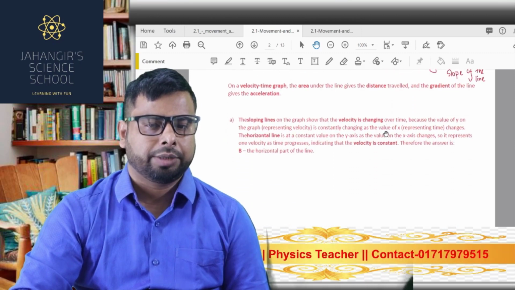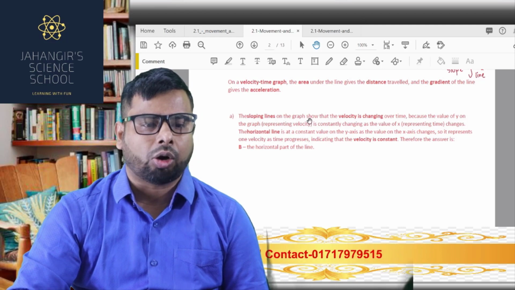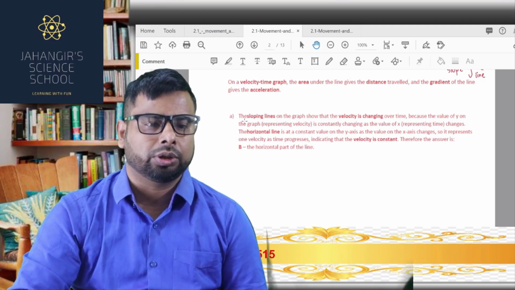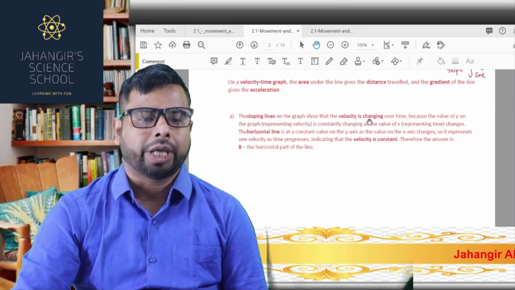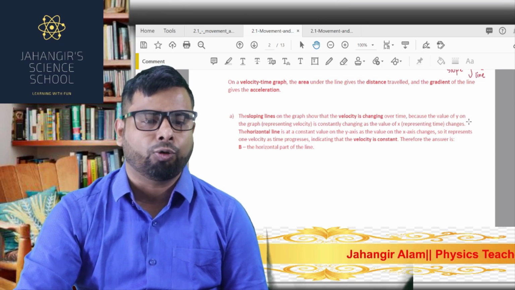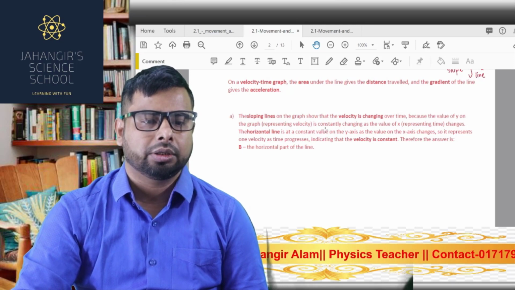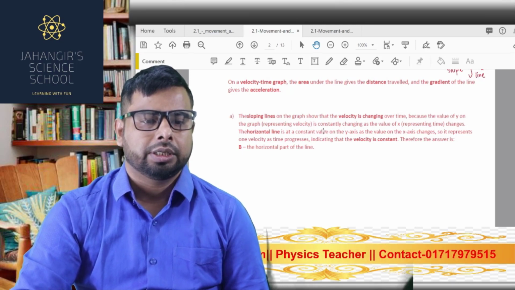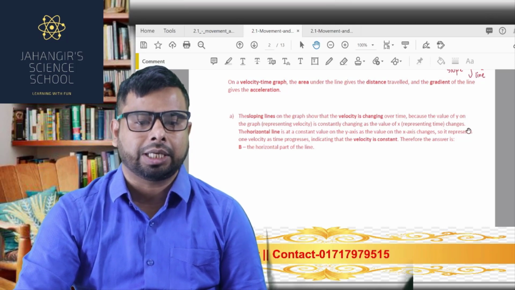Here is another important thing: the sloping lines on the graph show that the velocity is changing over time, because the value of y on the graph, representing the velocity, is constantly changing as the value of x, representing the time, changes.